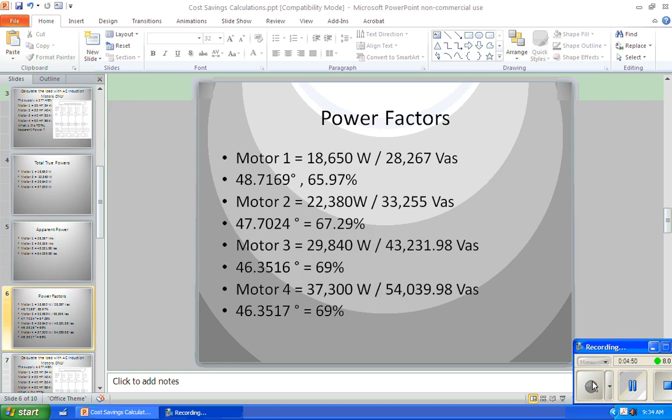All right, what we've calculated is that for motor 1 we have a true power of 650 watts. Why does it keep changing that to VA? Anyway.